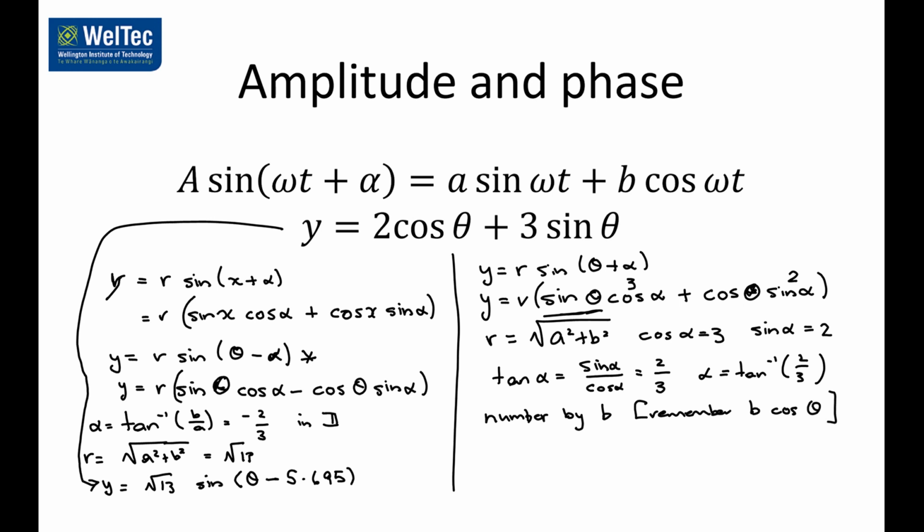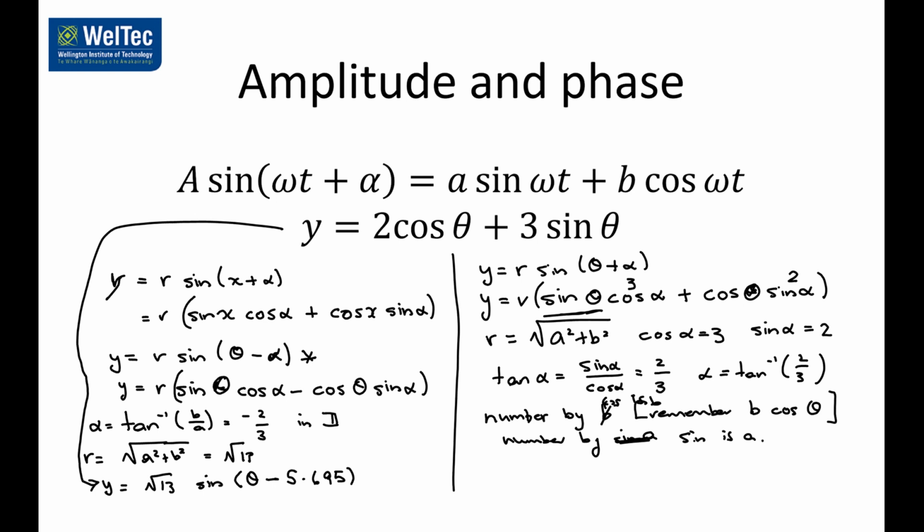You remember that the number by the cos is b, and therefore the other number, the number by the sine, is a. If you remember that the number by the cos is b, the other number must be a.